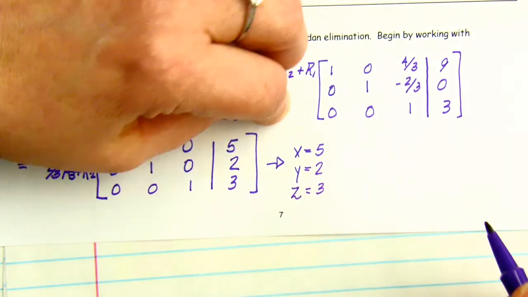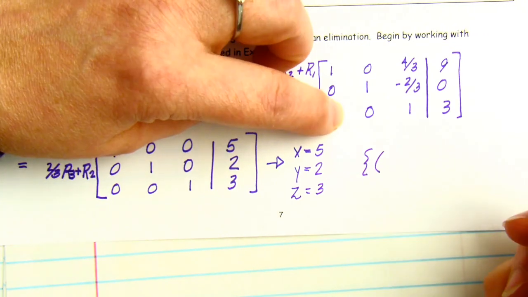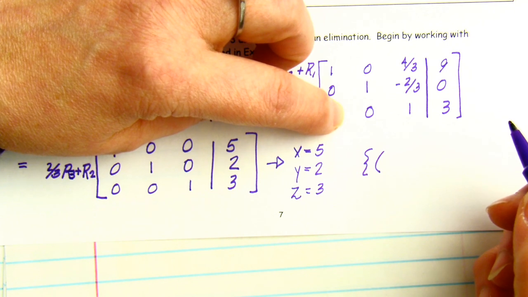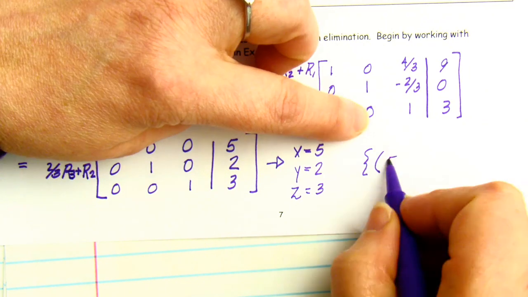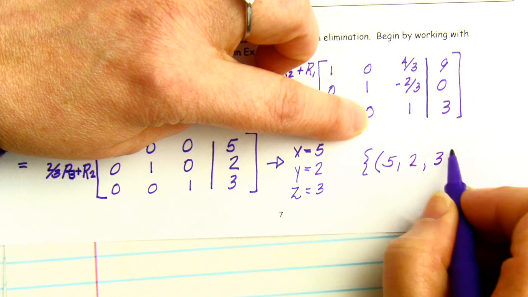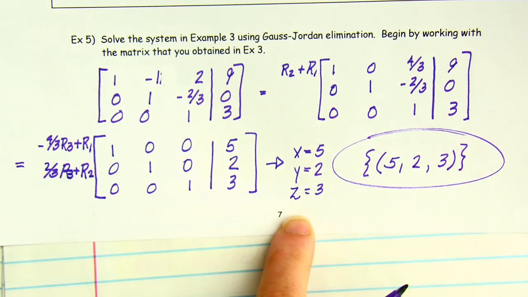So my solution in set notation, make sure you're putting set notation, and make sure that you are writing an ordered triple or an ordered quadruple if this is a system of 4. Final answer is 5, 2, 3, coming right from the system of the row operations that we use in the matrices.